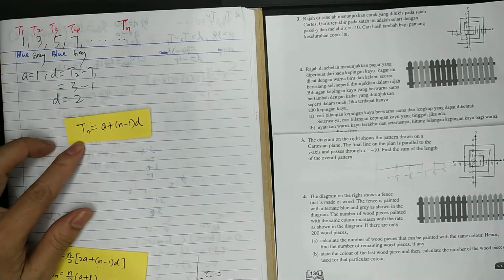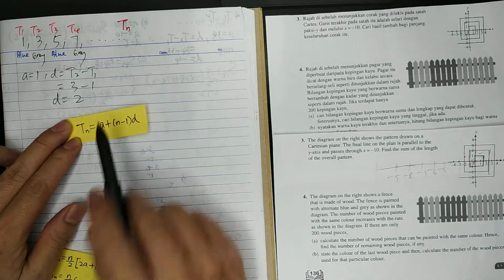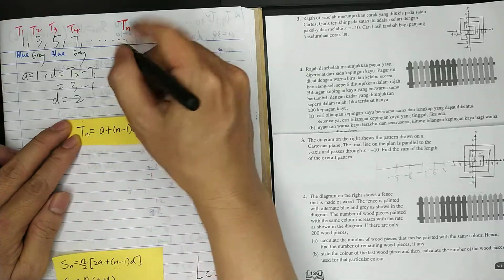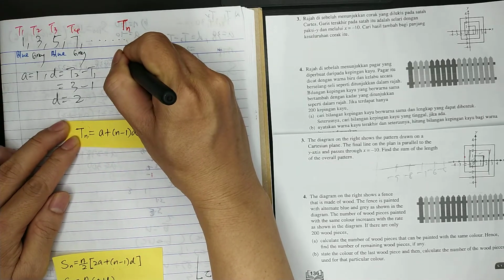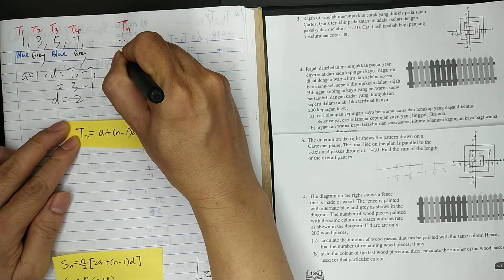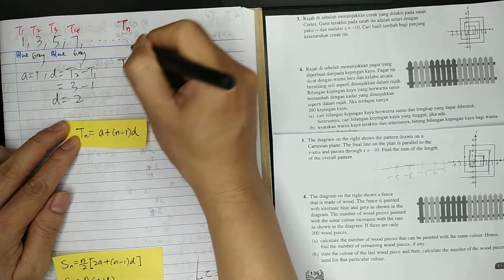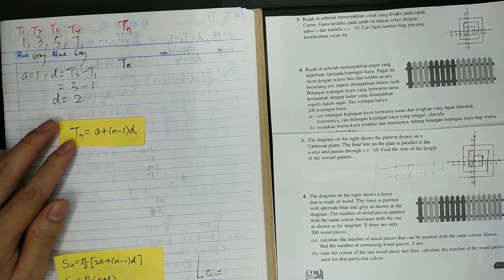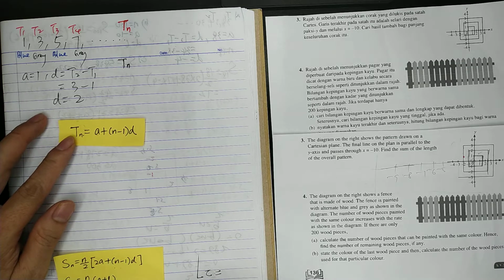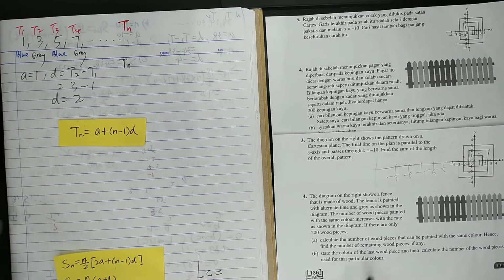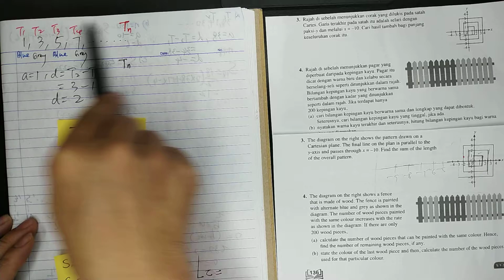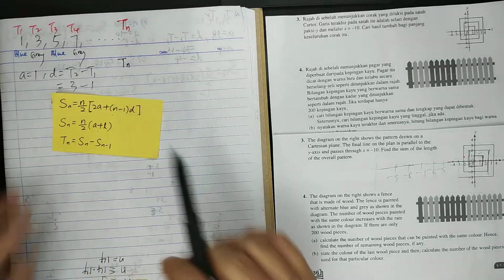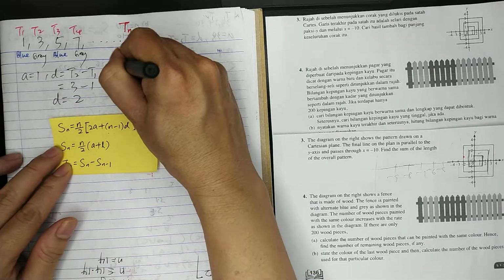Now when we need to know how many terms, we apply this formula, Tn. We want to sum all the numbers, so we need to find the total. It's not Tn. The total is Sn.